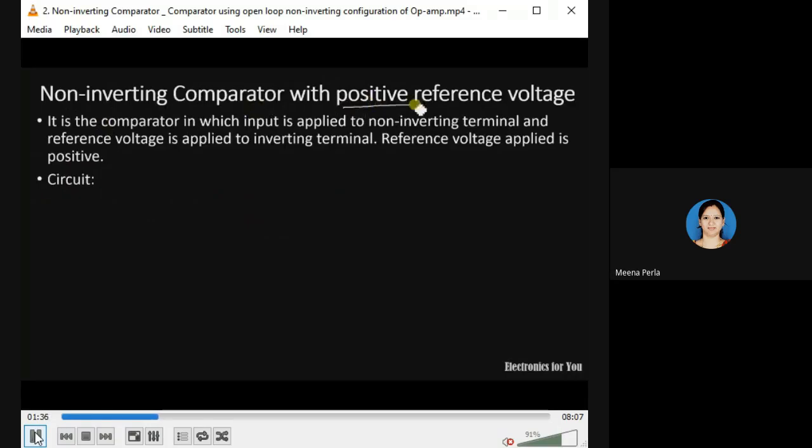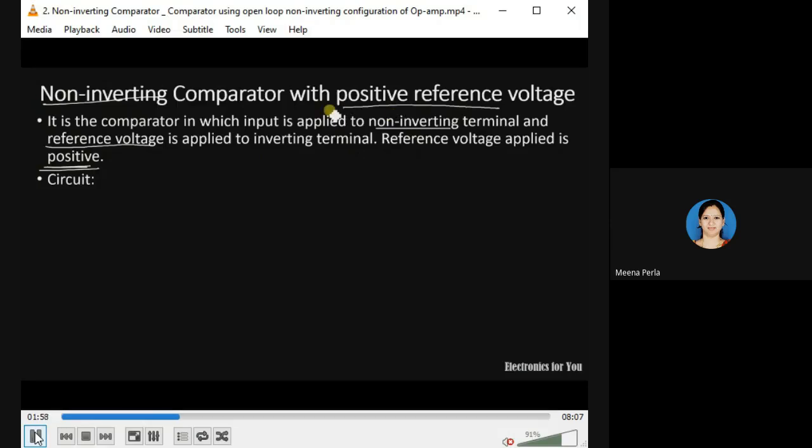First we will proceed with the non-inverting comparator with positive reference voltage. It is a comparator in which the input is applied to the non-inverting terminal and the reference voltage is applied to the inverting terminal. The reference voltage applied is positive in this case.